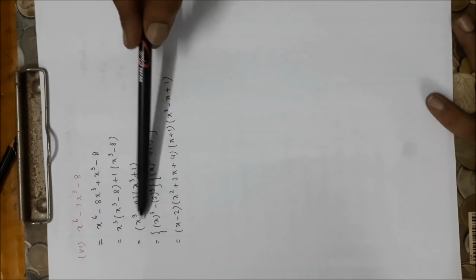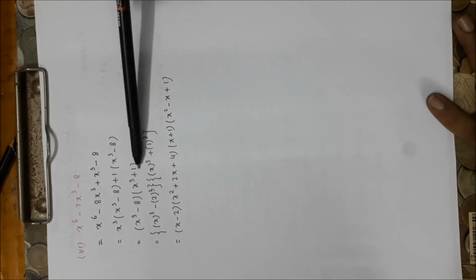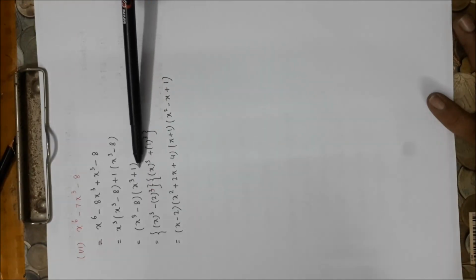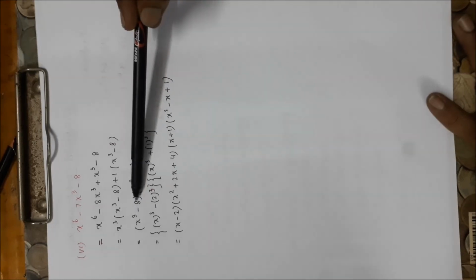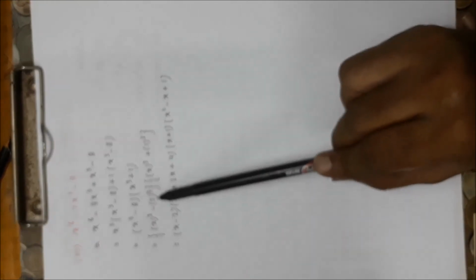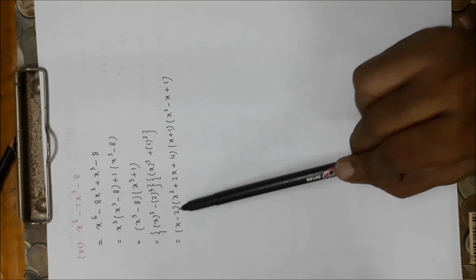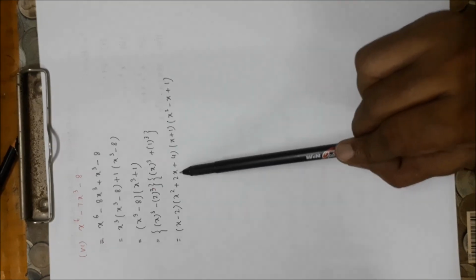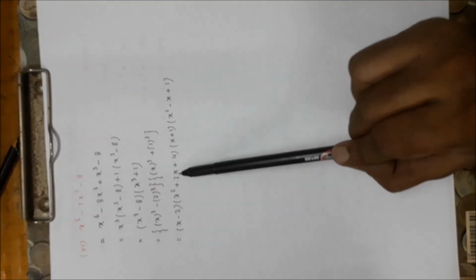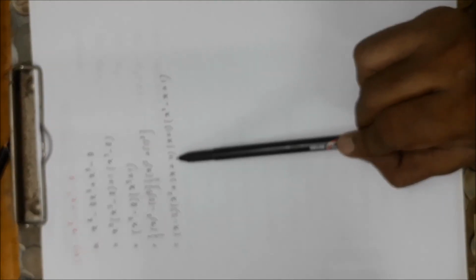Now once you factorize this, it can be factorized further using the formula of a cube minus b cube and a cube plus b cube, because 8 and 1 are perfect cube numbers. So x cube minus 8 can be written as x cube minus 2 cube. Here we are using the formula of a cube minus b cube equals a minus b into a square plus ab, that is 2 into x, 2x, plus b square, 4.